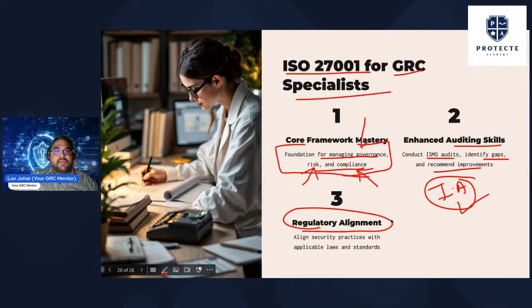You need to be aligned with all the different laws and regulations out there as per government standards. So ISO 27001 will give you a very good head start in order to implement all the relevant controls which are applicable to the organization. You can implement them, and you can become regulatory compliant as well.